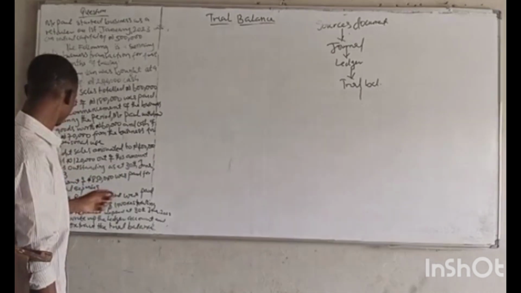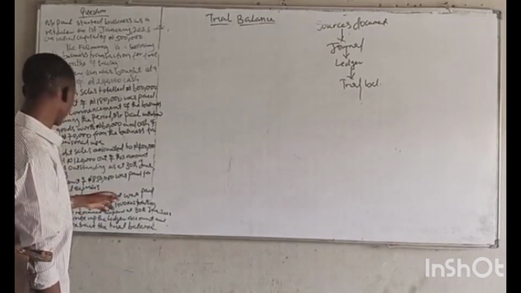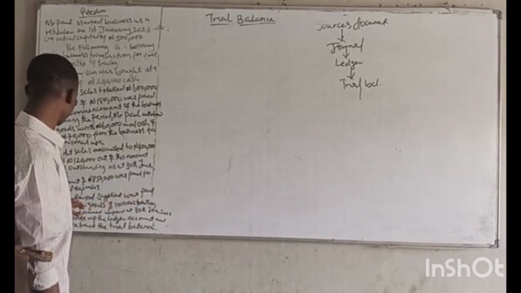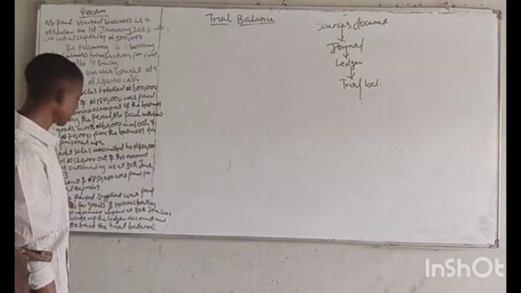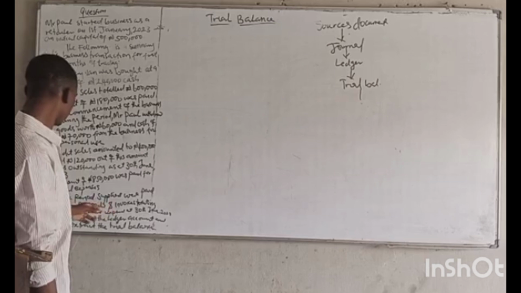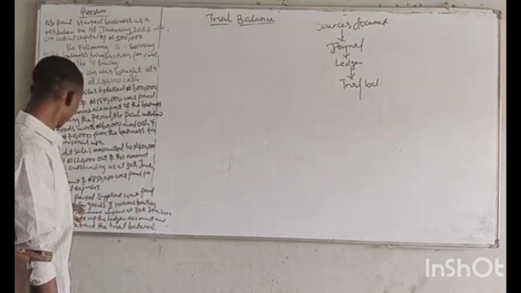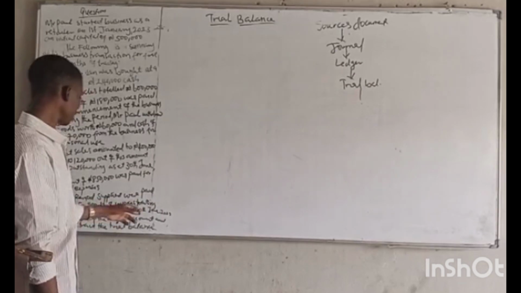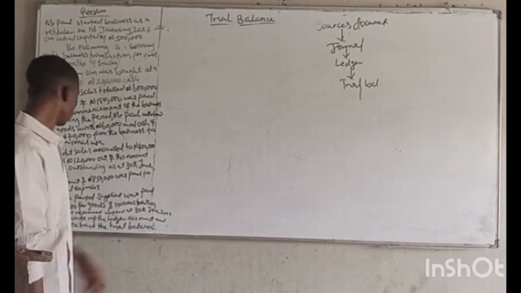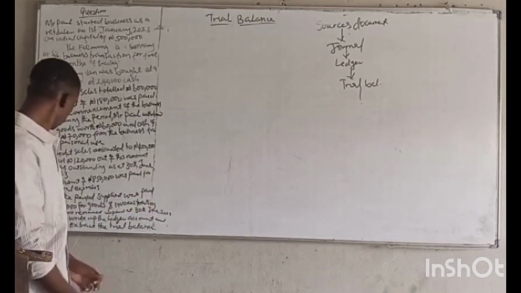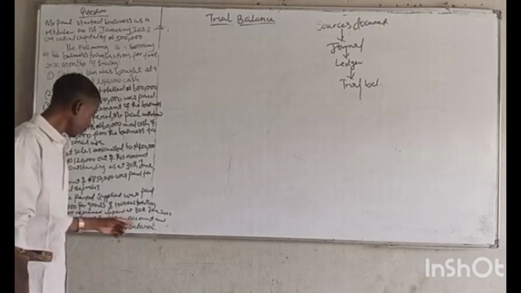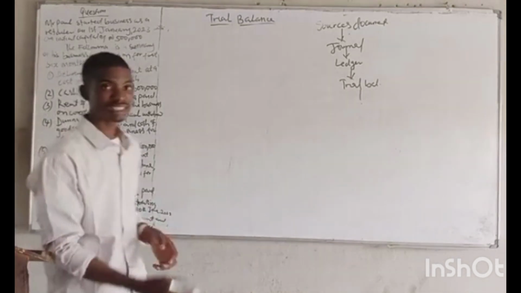Finally, number seven, during the period, suppliers were paid 450,000 naira for goods and invoices totaling 80,000 naira remain unpaid as at 30th June 2023. Required: write up the ledger accounts and extract the trial balance.